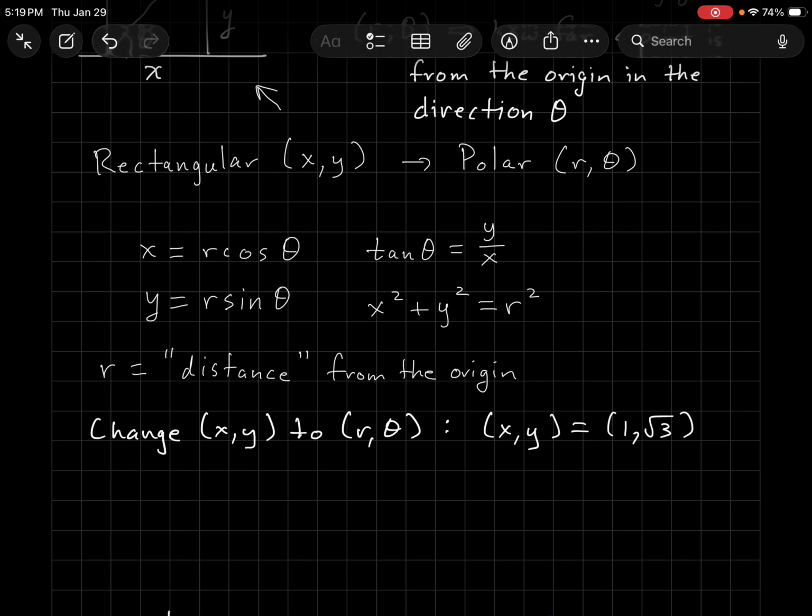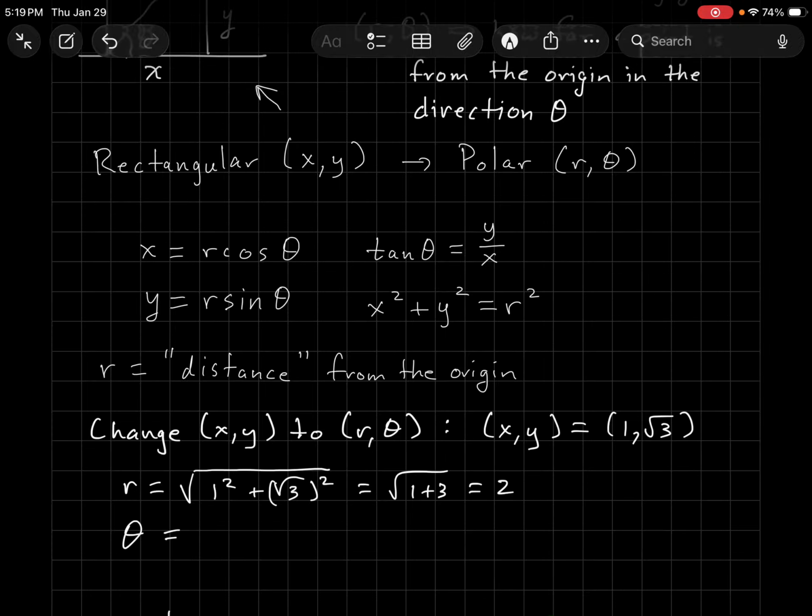So what does r equal? Well, r is the square root of x squared plus y squared, which is the square root of 1 plus 3, which equals 2.